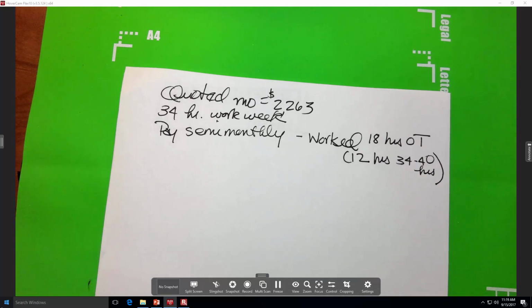You with me? Yeah. So I'm quoted a salary of $22.63 a month. I'm non-exempt. I have a 34-hour work week, my company pays semi-monthly, and in one time card I work 18 hours of overtime, but of that 18 hours, 12 of them were between 34 and 40 hours.